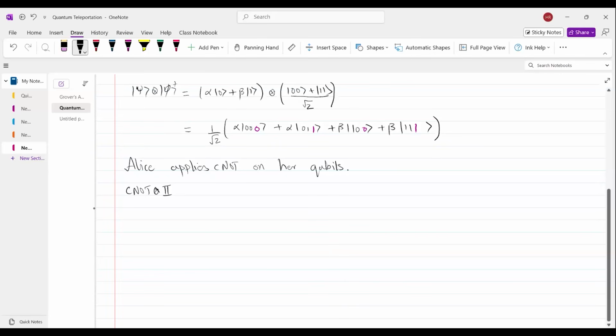It remains the same. The first qubit is the control, and the second qubit is the target qubit.